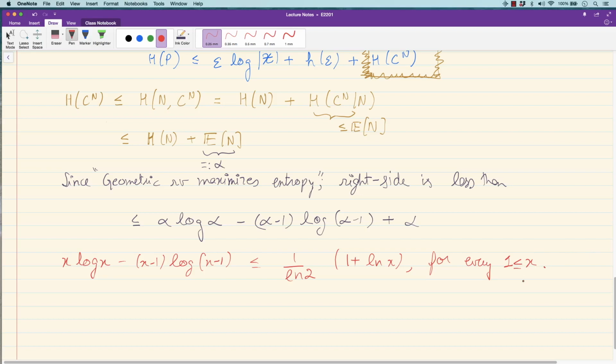So we can just substitute this bound here. This is less than or equal to 1 plus 1 by ln 2 plus ln alpha by ln 2 plus alpha.